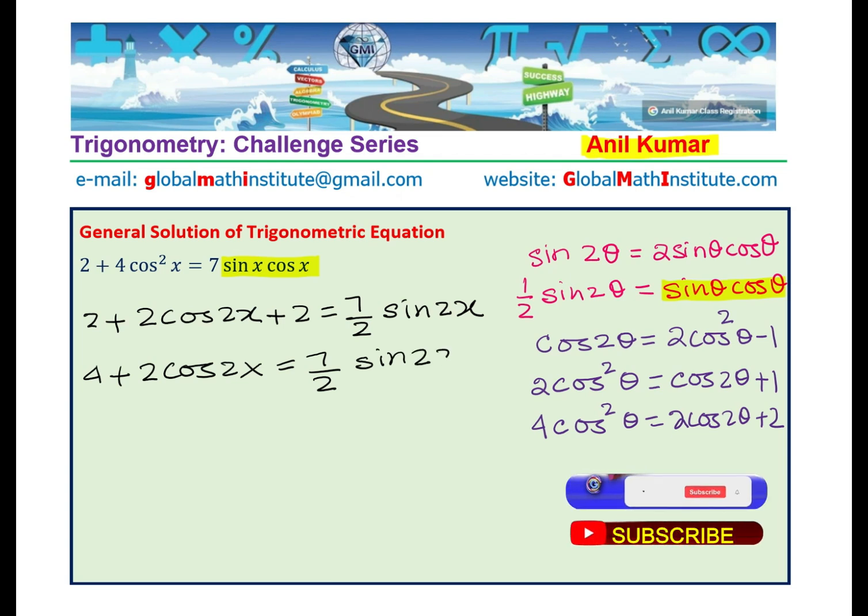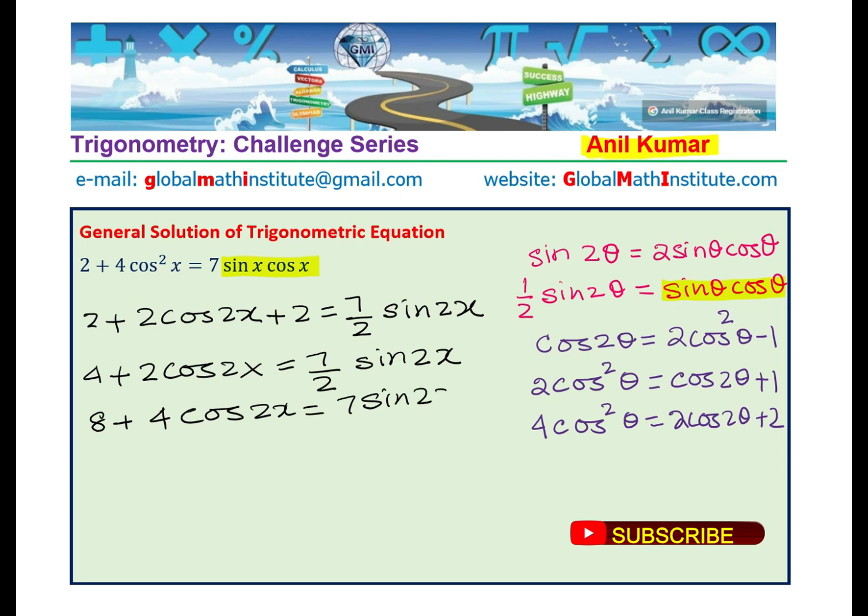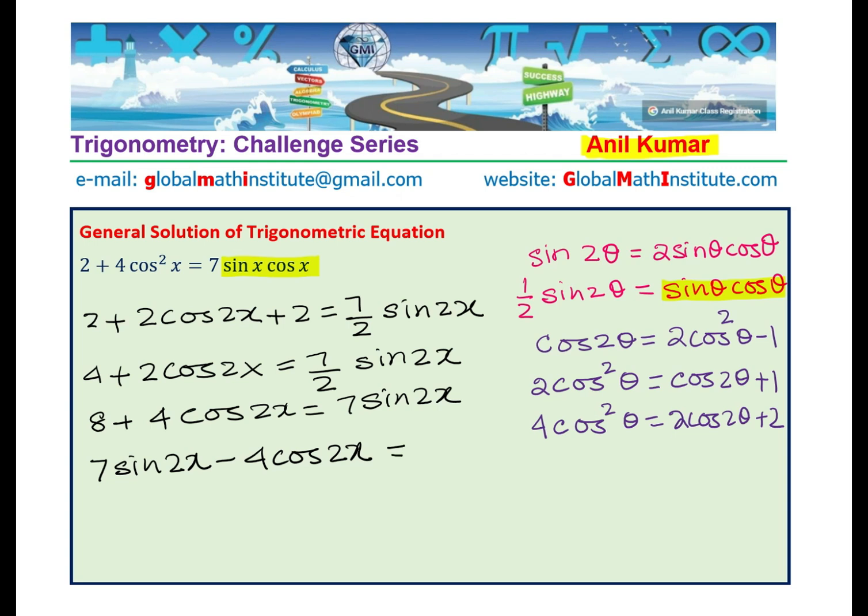Now I'll multiply, and we get 8 plus 4 cos 2x equals 7 sine 2x. Bringing them all together, we can write 7 sine 2x minus 4 cos 2x equals 8.